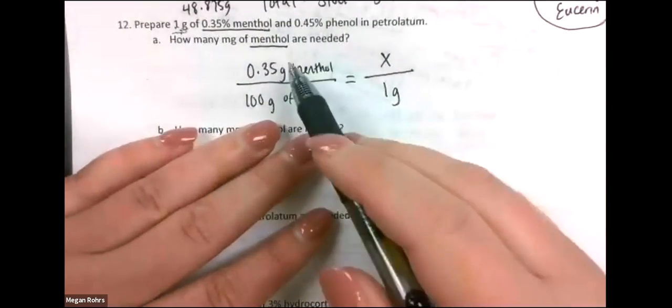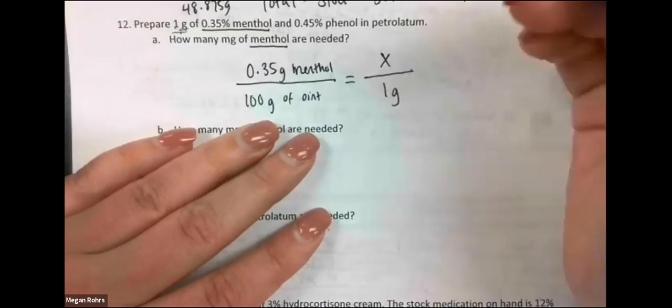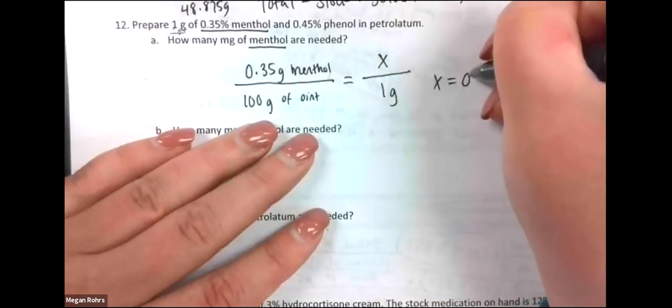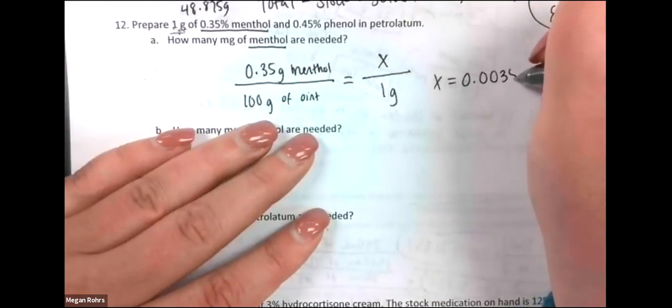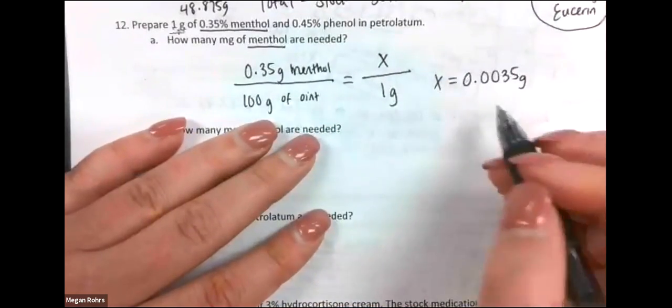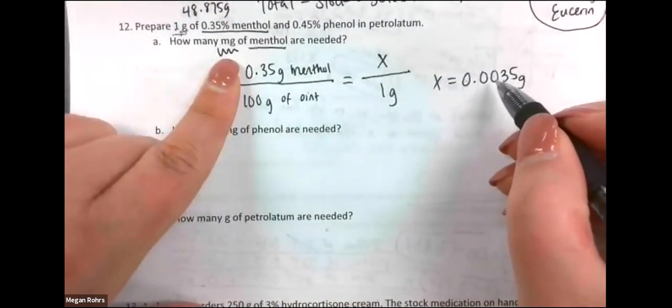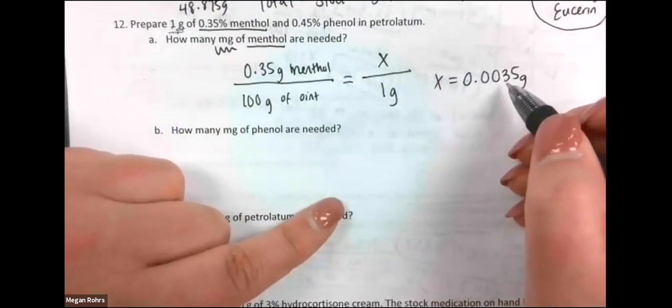So let's solve here. So we have 0.35 divided by 100. That gives me 0.0035. Remember, this is in grams, but my question is asking for milligrams. So I need to convert this into milligrams here.